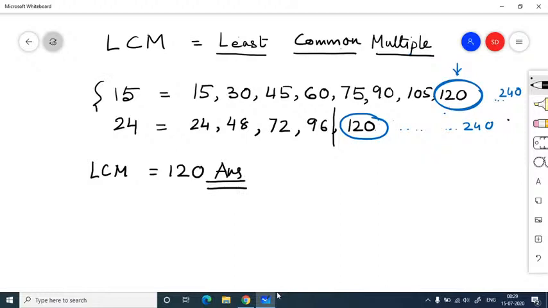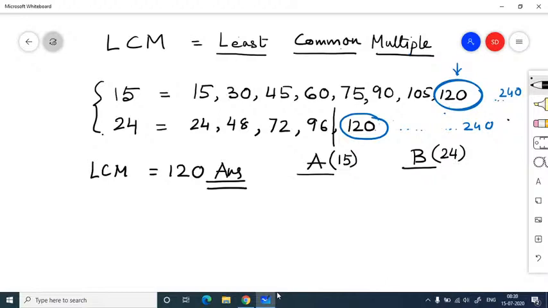Now, what is the interpretation of the lowest common multiple? Suppose there are two students, A and B, and they are playing a game where A throws 15 matchsticks at a time in a bucket, and B is throwing 24 matchsticks at a time, or you can say marbles.